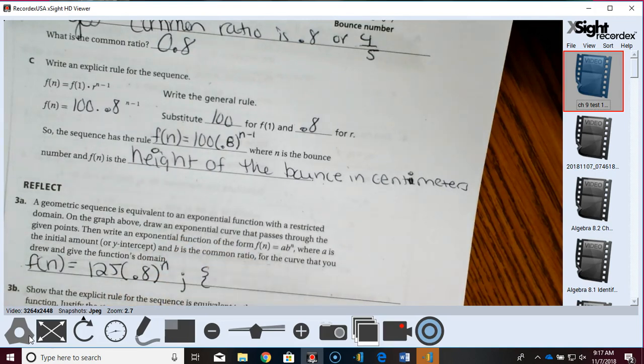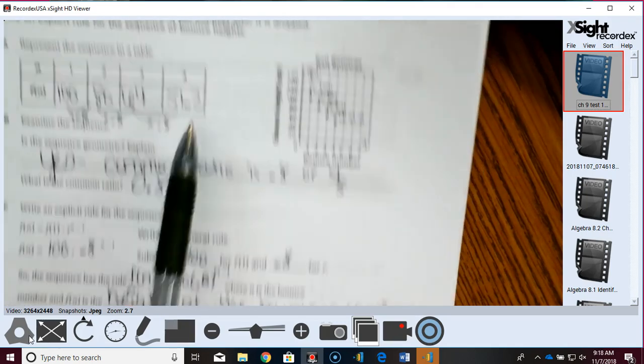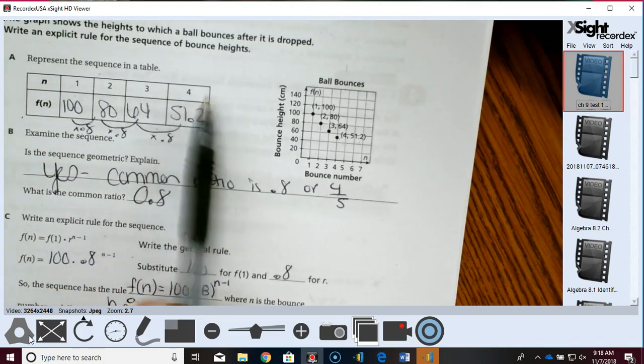So if I plugged in a 1, they want you to say the domain. The domain is your x values, right? So what are my x values on my chart? 1, 2, 3, 4, right?